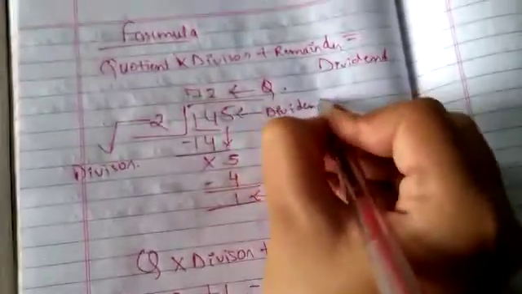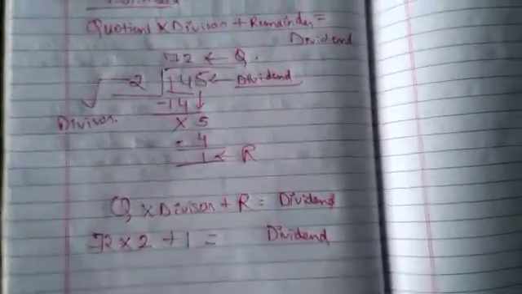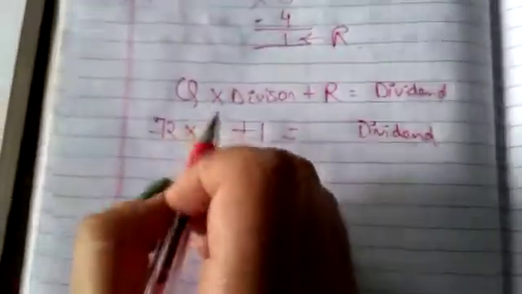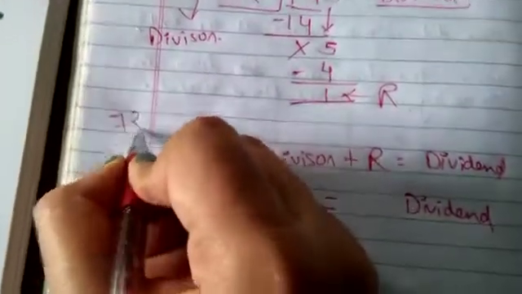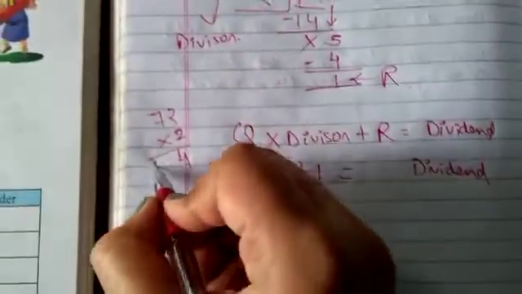In the first lecture of this chapter I told you the basic definition of divisor and dividend. So our 145 is known as the dividend. Now multiply 72 by 2; you can do this multiplication on the rough page. 2 twos are 4 and 7 twos are 14.